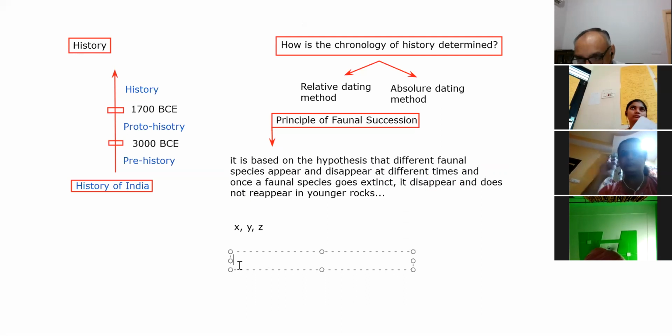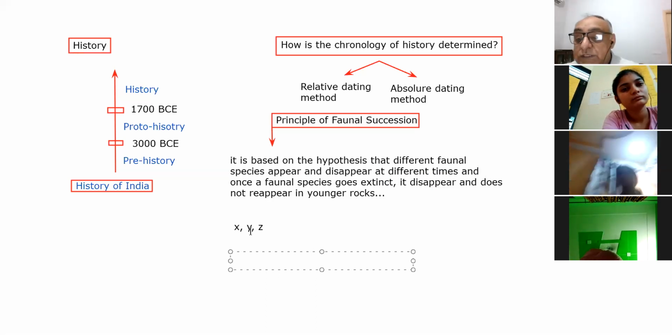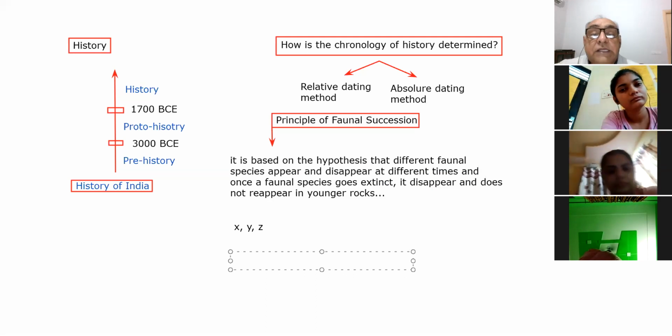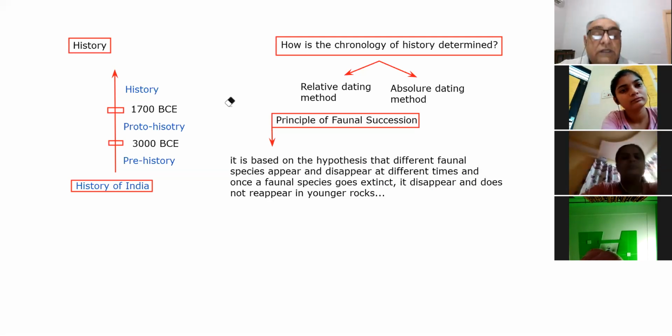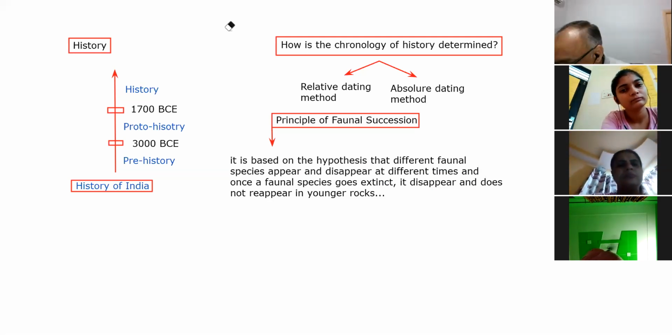After that, let's suppose Y appears, and when Y gets extinct, the fossils of Y will appear in the rocks of that age only. So on this basis we can find which species came earlier and which came later. So this is how we determine it.